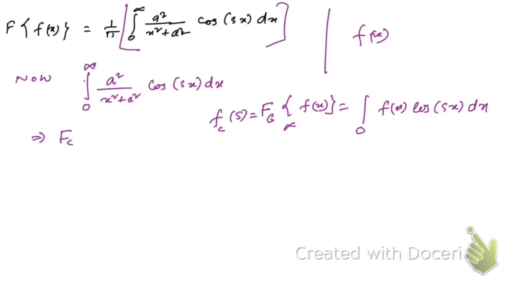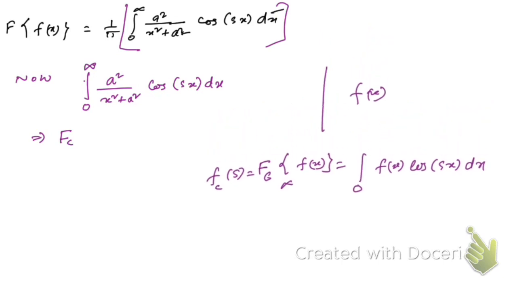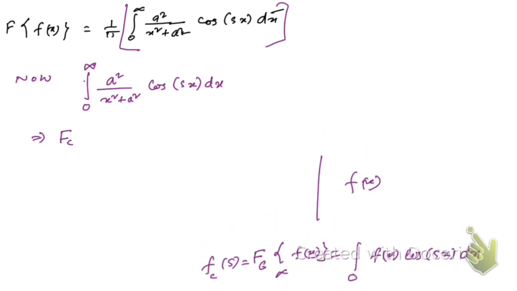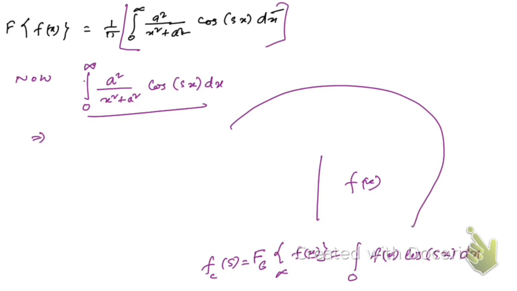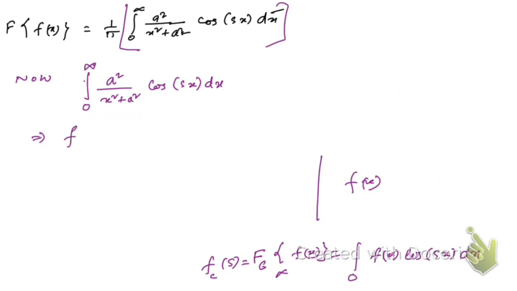Okay, so then what we can do here, let me write these things here. Now let us represent this. If you compare with this one, here this one is small f of x. So let us write this way: small fc of s, the Fourier transformation, is equal to integration 0 to infinity a square by x square plus a square cos of sx dx.